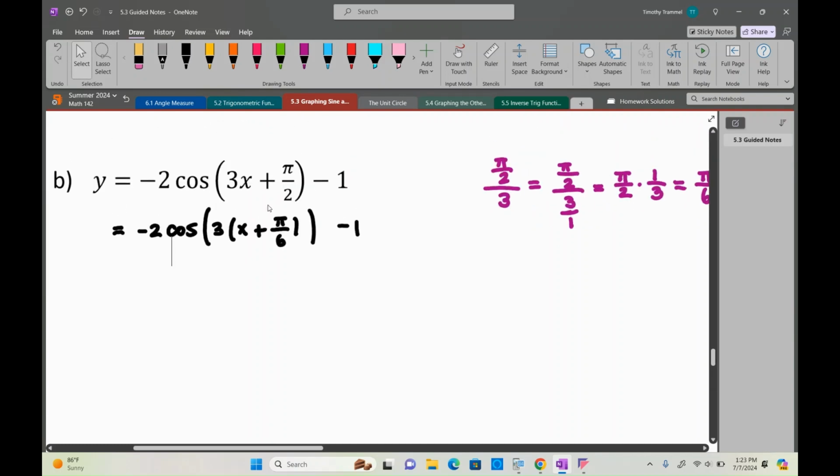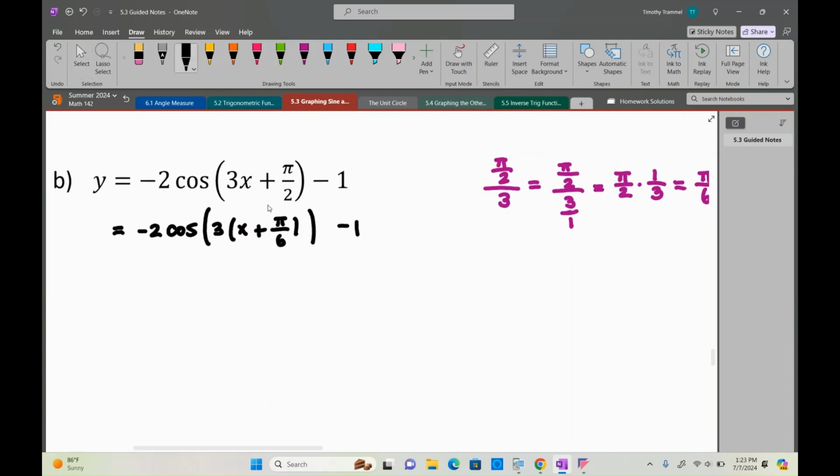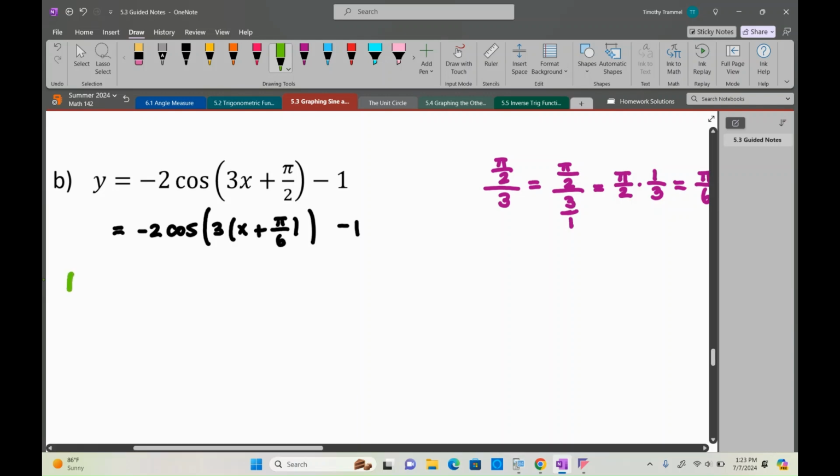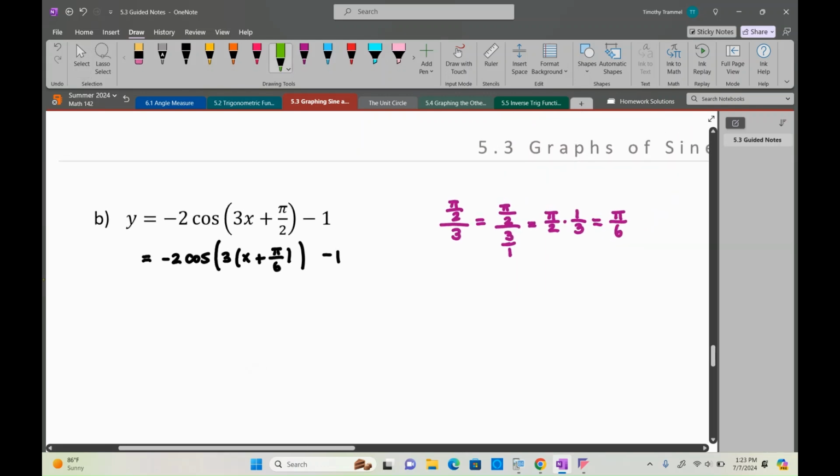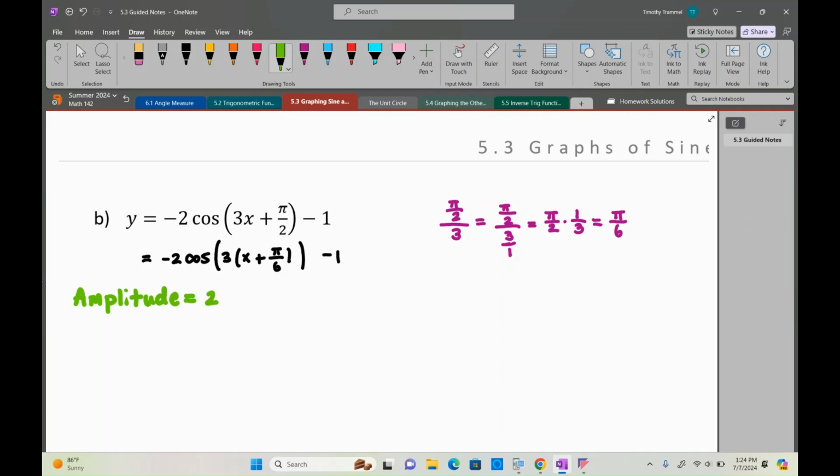Now we need to just go ahead and write down all of the transformations. So for one, again, our amplitude is actually the absolute value of A. So when I go to write my amplitude here, I'm going to say A is equal to 2, or my amplitude is equal to 2. But because there is this negative here, this is going to cause a vertical reflection, is what I like to call it.